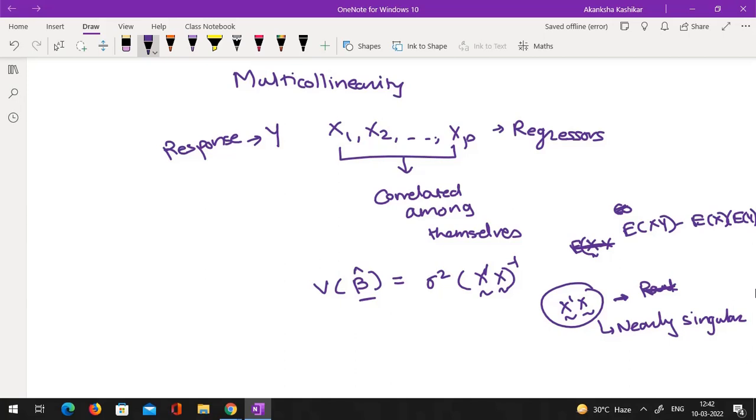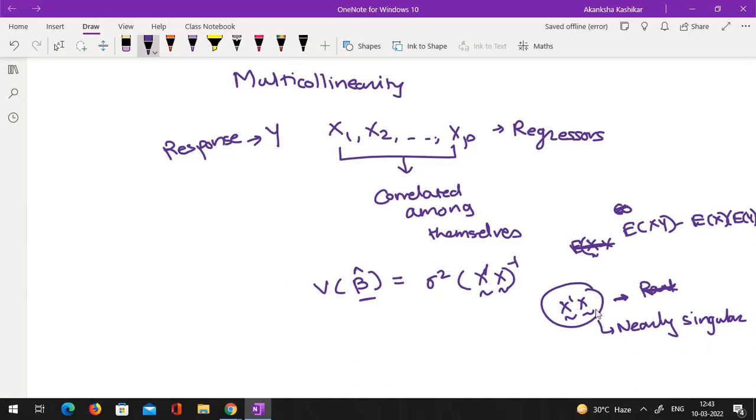So if my variables are perfectly correlated, then the rank would reduce. But even if they are not perfectly correlated, if there is some partial dependence, then the determinant of X prime X becomes close to 0 because some of the eigenvalues become very low, and we discussed yesterday also that the determinant is the product of the eigenvalues. So this becomes nearly singular.